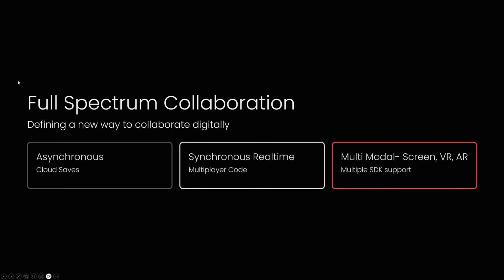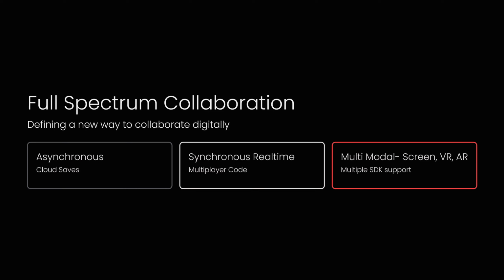And it allows you to then address the full spectrum of collaboration. So you can do collaboration in the way that CAD tools can, so asynchronous. I've done my work, I check it in, it goes on the cloud, and you can work on it. And that's what all CAD systems do. They are changing a little bit with the advent of cloud-first web or browser-based CAD or design tools.